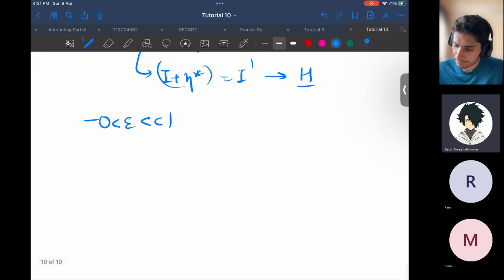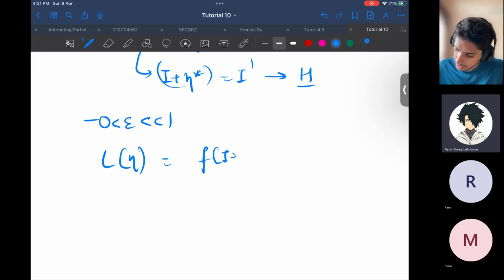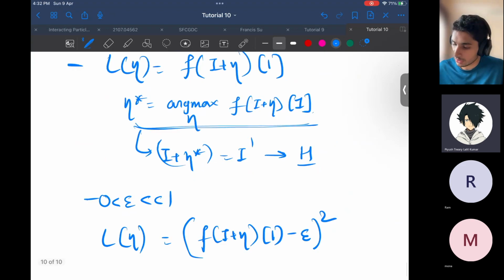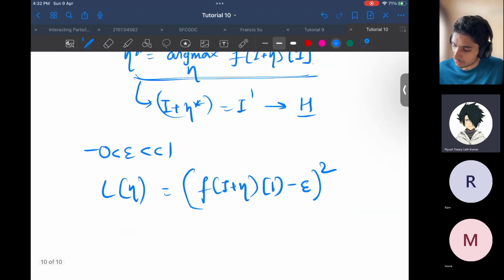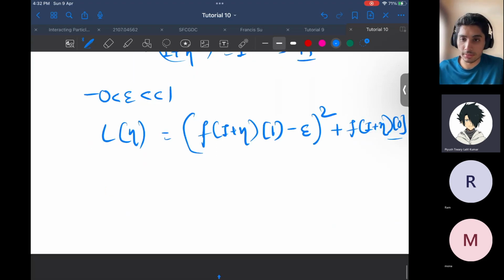So now my loss function is L of eta equals the first logit of f of I plus eta, minus epsilon, the whole square of it. However, I also want the non-human logit to be less, so I will also minimize f of I plus eta, the zeroth part of it. This is what I'm saying.